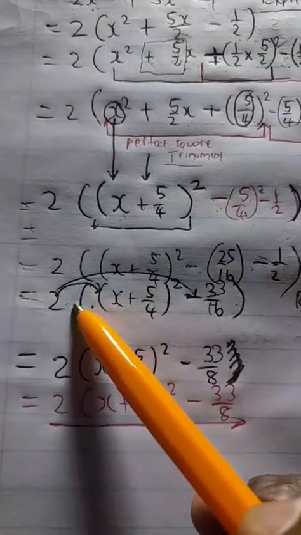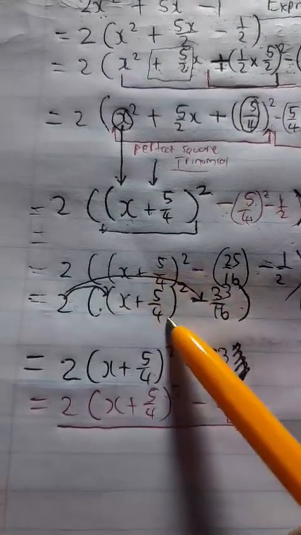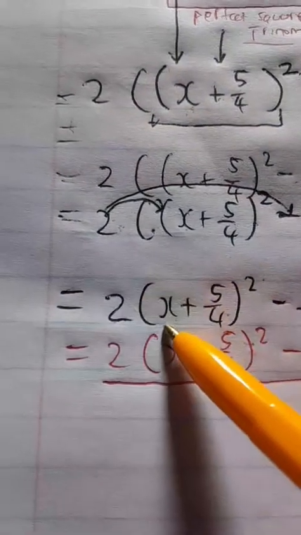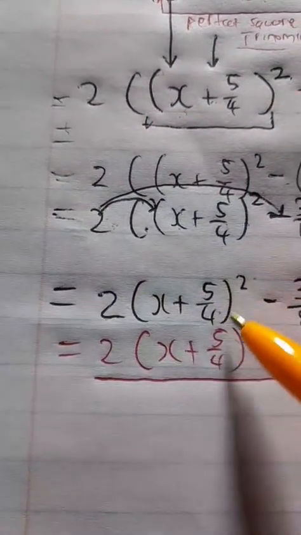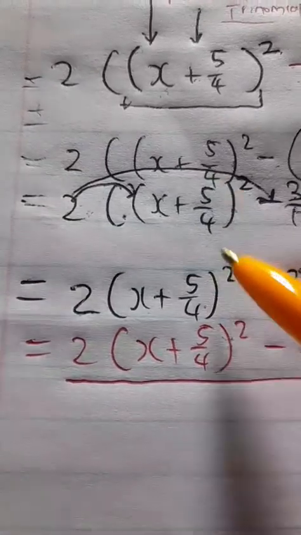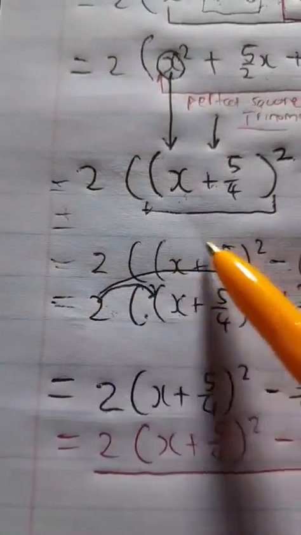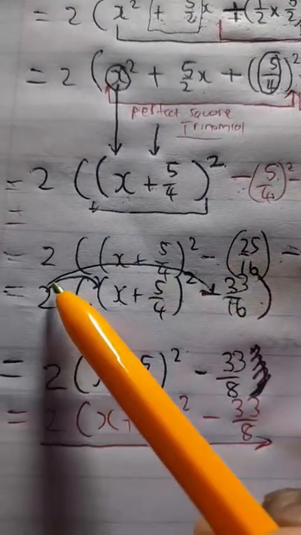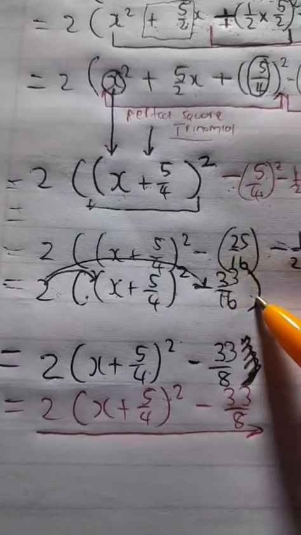So when we distribute that, 2 times this x plus 5 over 4, the whole thing squared, will give us 2 brackets x plus 5 over 4 squared. Then we take this 2 and distribute it by multiplication to minus 33 over 16. So what is 2 times negative 33 over 16?